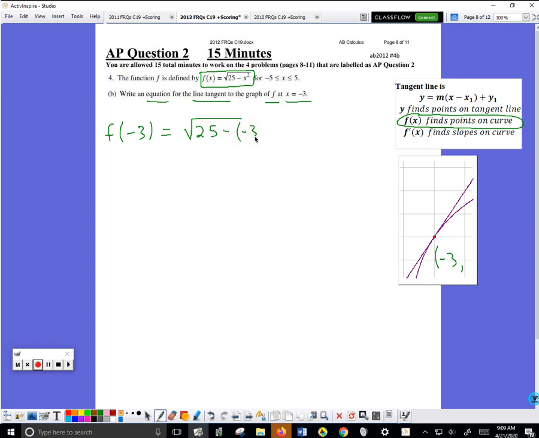I always use parentheses when replacing a variable. It'll save mistakes. So this is going to be the square root of 25 minus, -3 squared is 9. So that's the square root of 16, which is 4.